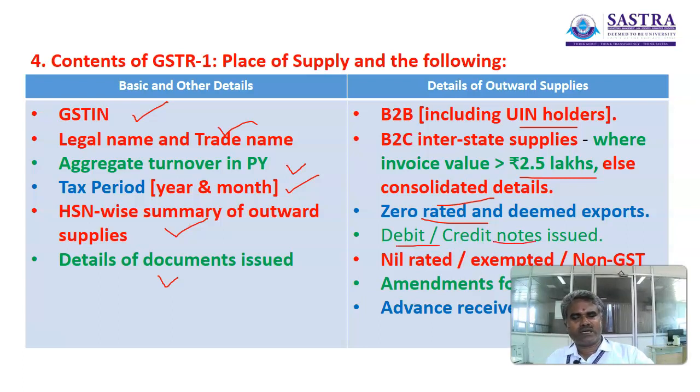When you issue debit note and credit note, nil rated, exempted, non-GST, amendment for prior period, advance received, adjusted, everything will be shown in the return because the return contains the detailed information of your trade.